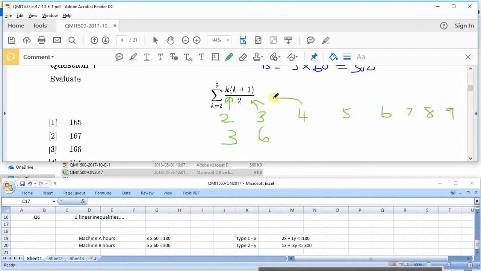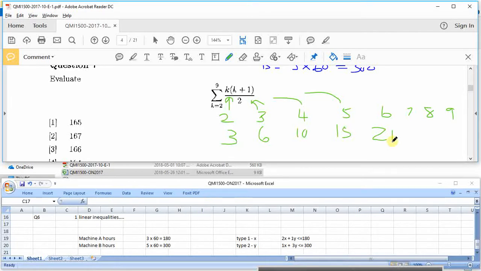Now I put 4 in: 4 times 4 plus 1 divided by 2 is 10. Now I put 5 in: 15. Now 6: 21.